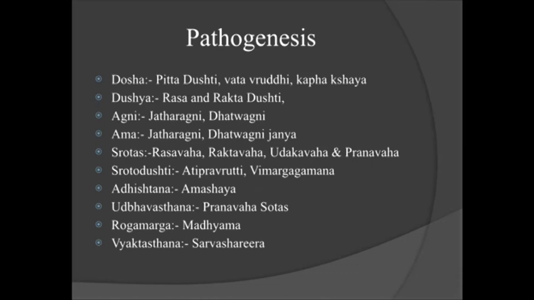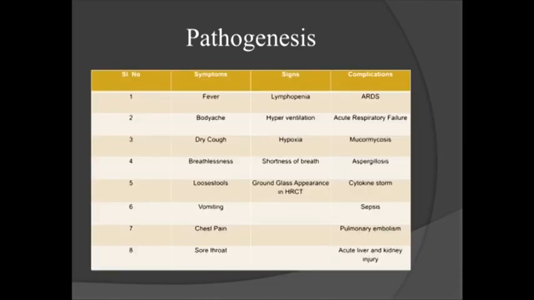Srotas Rasavaha, Raktavaha, Udakavaha, Pranavaha Srotas will be involved, and Sroto Dushti there will be ati pravritti, that is excess, and vimarga gamana, the movement in different directions. Adhisthana will be the Amashaya, and Udbhavasthana is Pranavaha Srotas, and Roga Marga is Madhyama, and Vyaktasthana is Sarva Sharira. Next.